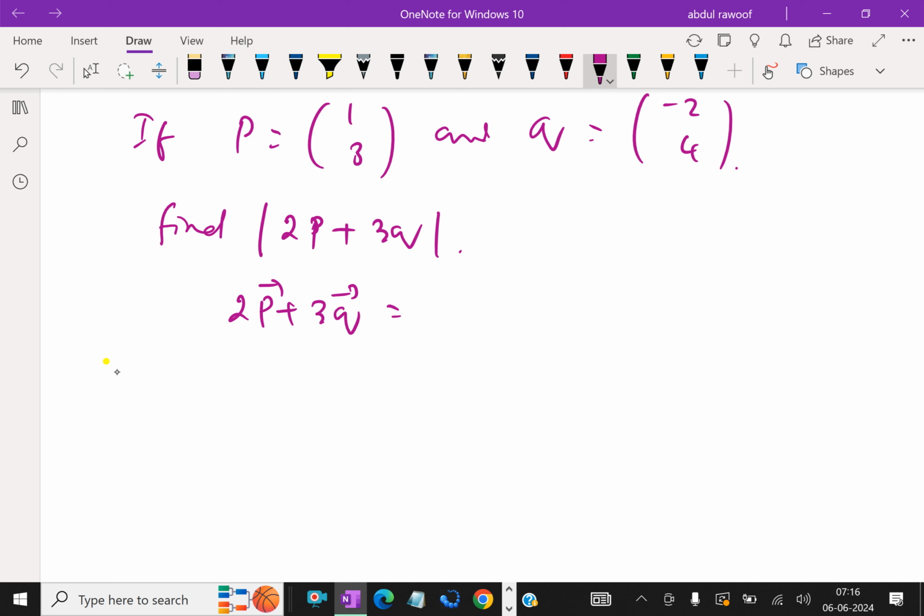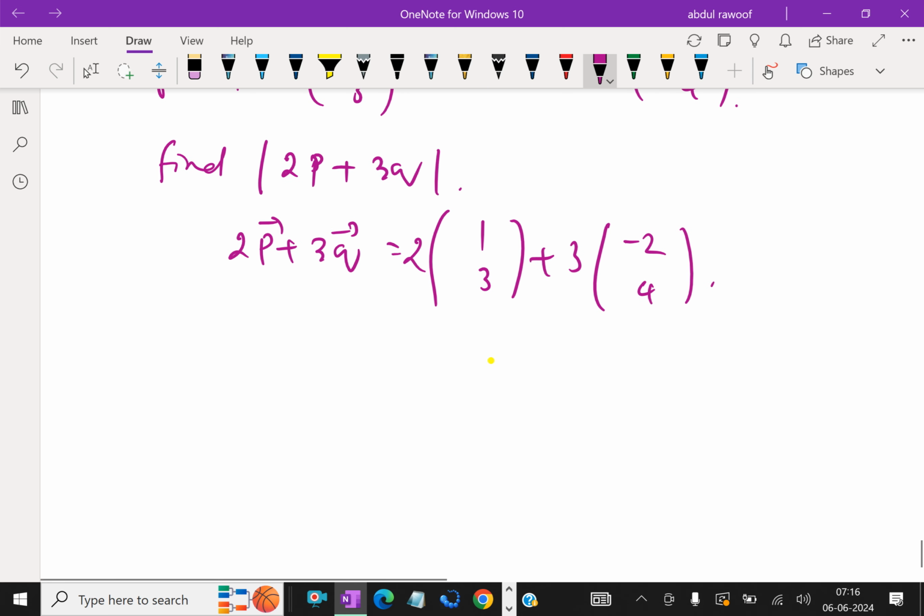First multiply by 2, 1 and 3, plus 3 times Q, which is minus 2 and 4. Multiplying by 2 gives 2, 6, and here minus 6, 12.